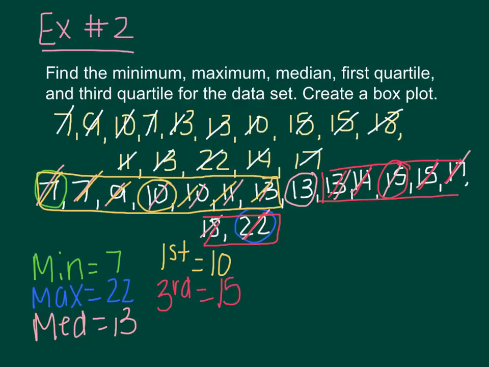Now we can make our box plot. So we have our number line. It has to go from 7 to 22.